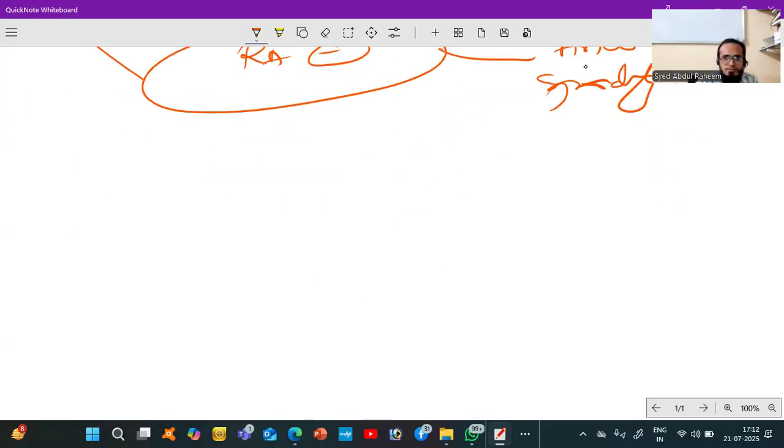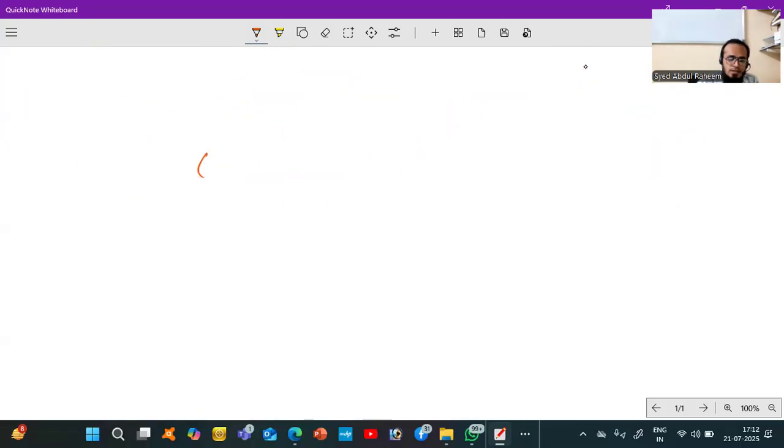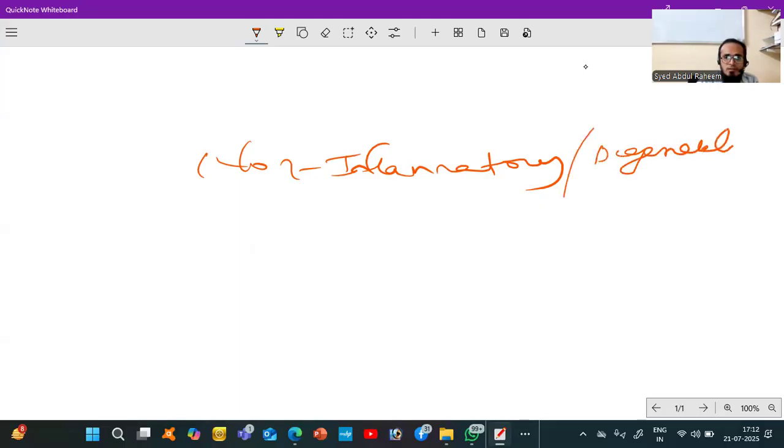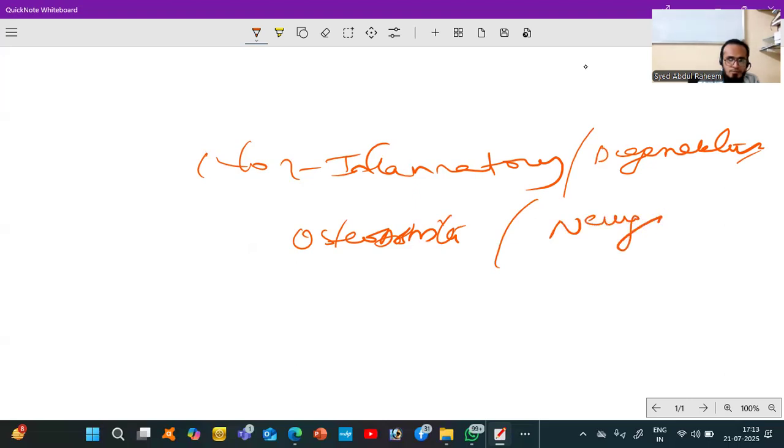Okay, inflammatory condition. Next is non-inflammatory condition, also called degenerative. This is the most common in old age, like osteoarthritis, neuropathic joints. Okay, these are the common.